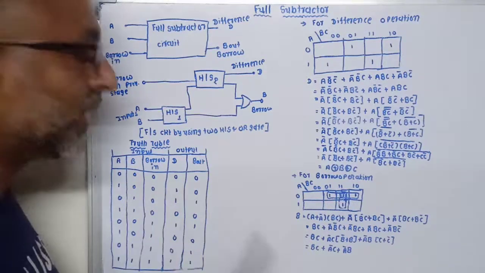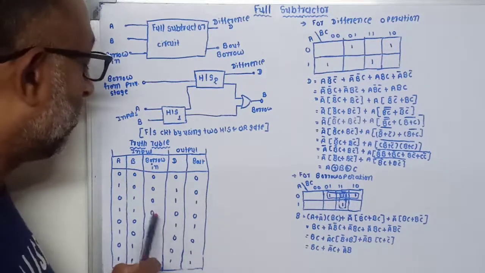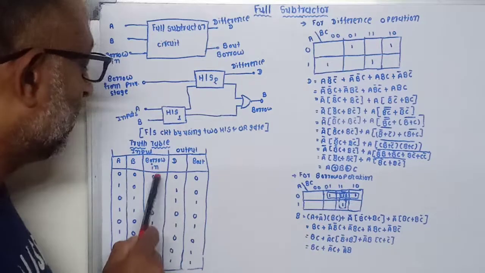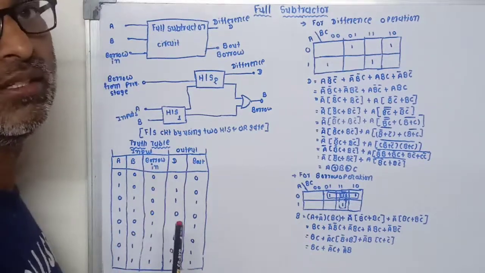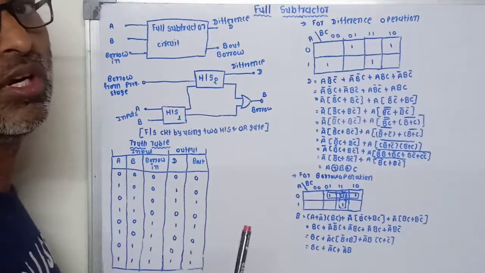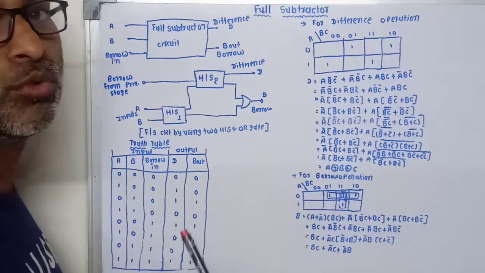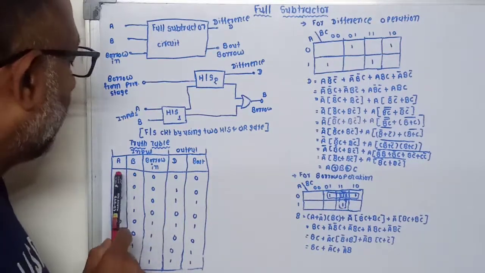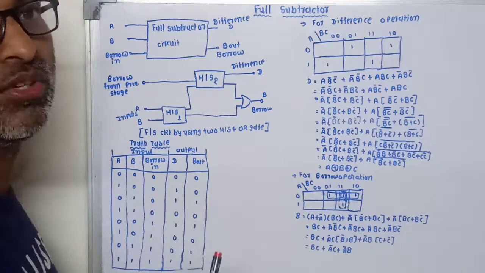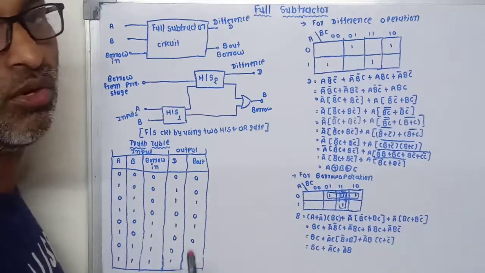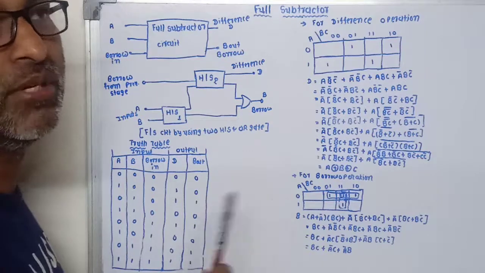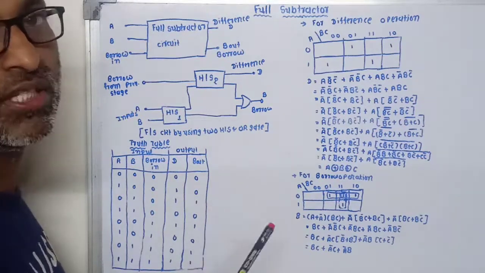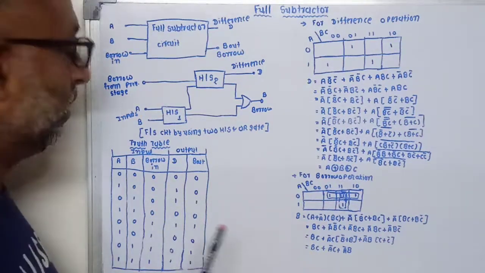First we make the truth table for the full subtractor circuit when borrow in is 0. That means no borrow occurs during the subtraction of two binary numbers. For that there are four possibilities of input A and B: either 0 0, 1 0, 0 1 or 1 1.